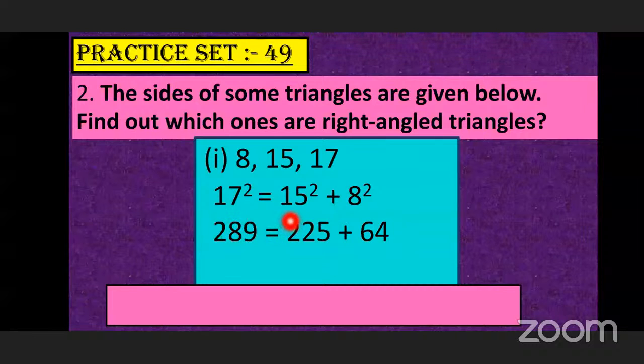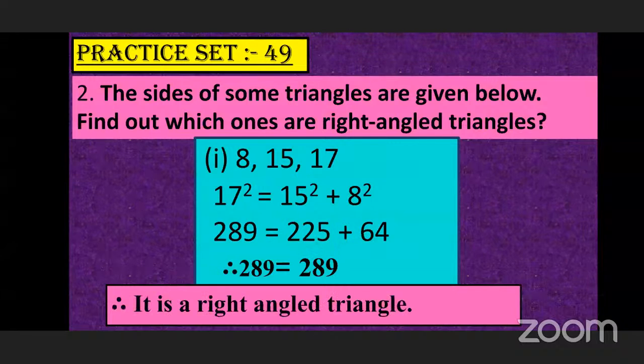The square of 15 is 225. And the square of 8 is 64. So 289 equals 289. Therefore, it is a right angle triangle.